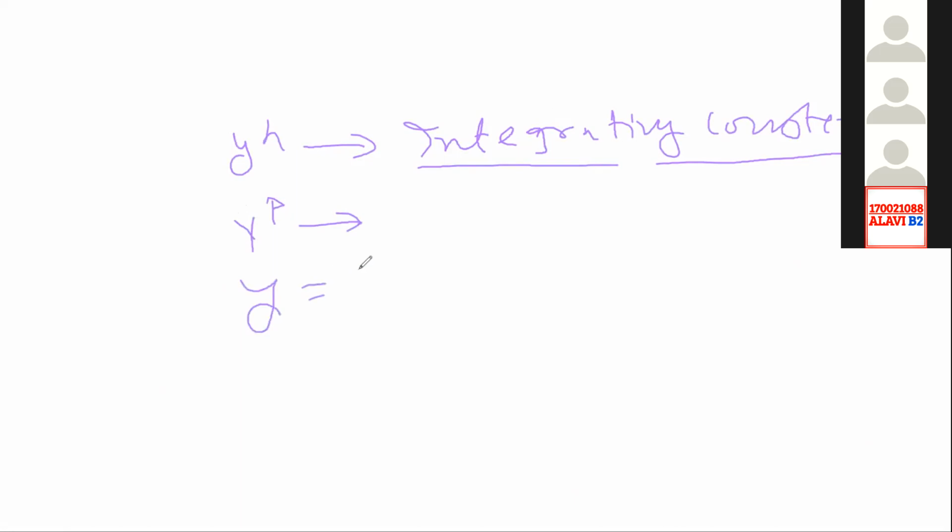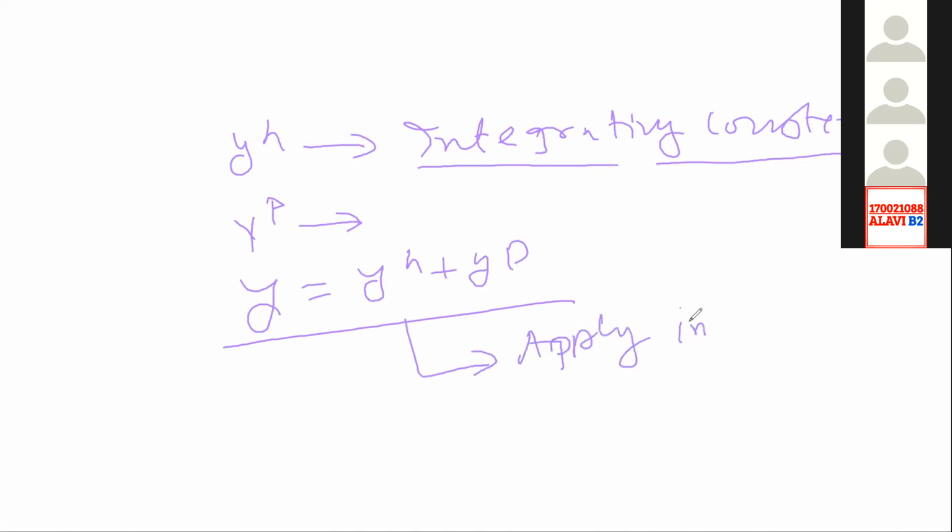Then we obtain the total solution YH plus YP. After having this done, apply initial conditions. Yes, sir. Then you will get a solution where your transient, your ZSR and ZIR all will be embedded. You got my point? Yes, sir.